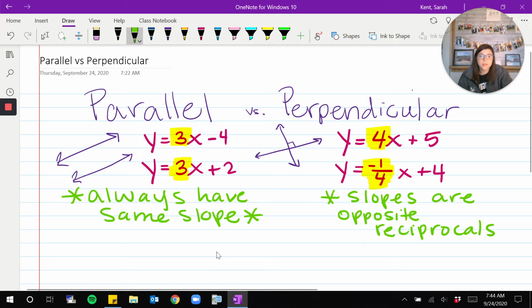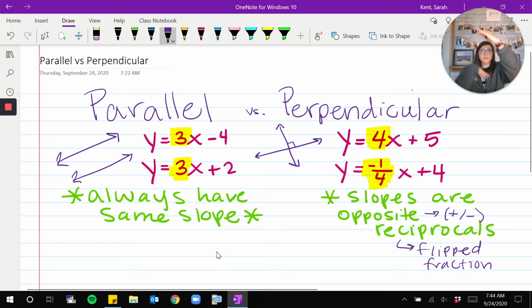An opposite reciprocal has an opposite sign. Opposite means it goes from positive to negative, and a reciprocal is a flipped fraction. Here we go from 4, and when we flip 4, we get 1/4.